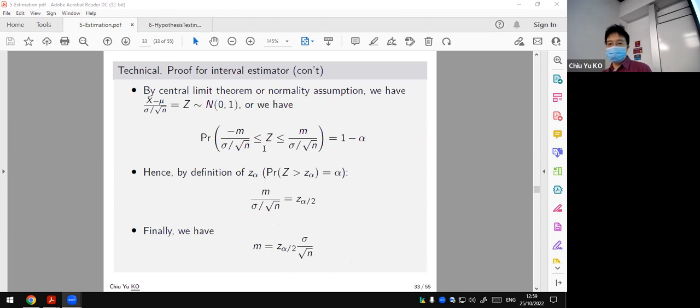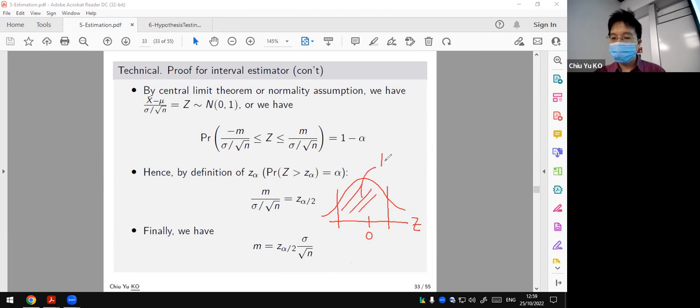Because the central limit theorem or normality will give this, now we can use our bell curve knowledge. This is Z, this is 0. We want some symmetric length here, and the area inside is 1 minus alpha.